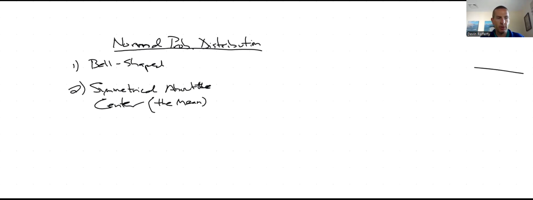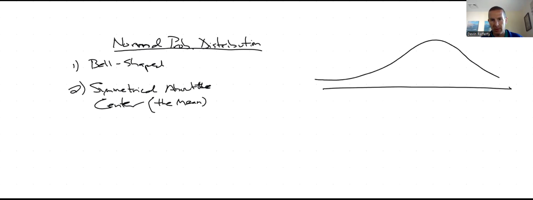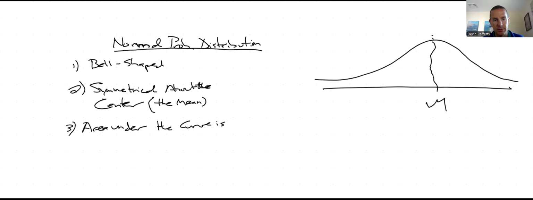The third, and this is an important one when it comes to calculating probabilities, is that the area under the curve is equal or identical to probability.